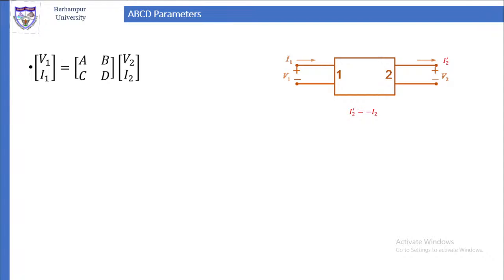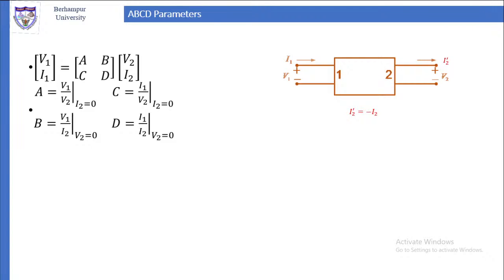Elements are A, B, C and D. So first row is A B, second row is C D, first column is A C, second column is B D. So that matrix into [V2, I2]. So [V1, I1] you can get from [V2, I2] by post multiplying this with the ABCD matrix. This is how you define the ABCD parameter.